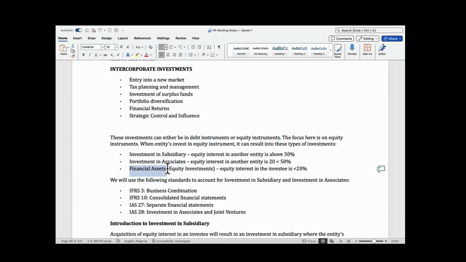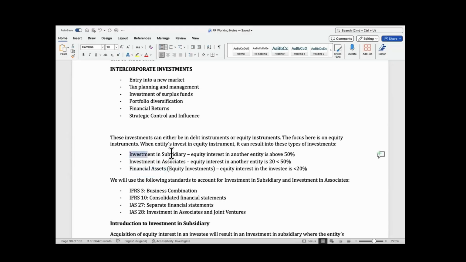So those are the three types of investments that can arise from equity investment. And there's one that I just intentionally removed, which is joint interests or joint investment or joint venture, where you have equal holdings with the other counterparties.